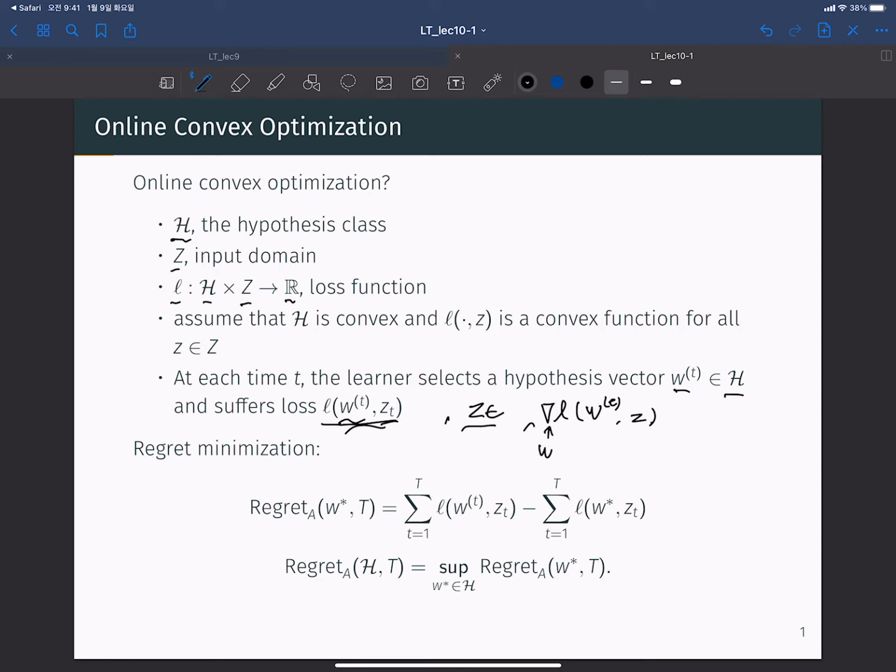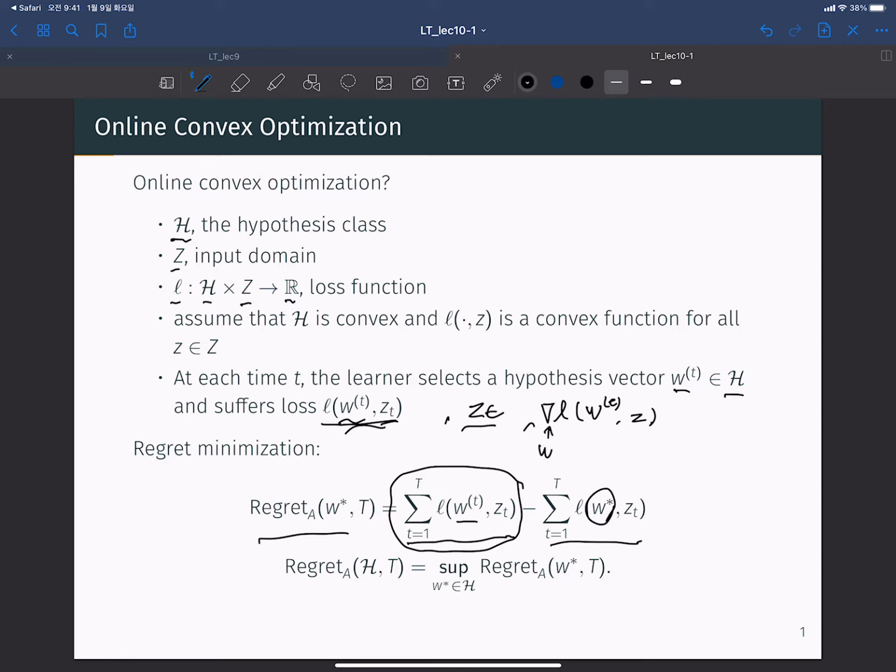So what is regret? The regret is, as before, the sum of losses by our algorithm, so the sequence of our selections w_t, minus the sum of losses using one fixed strategy, a fixed hypothesis w star.